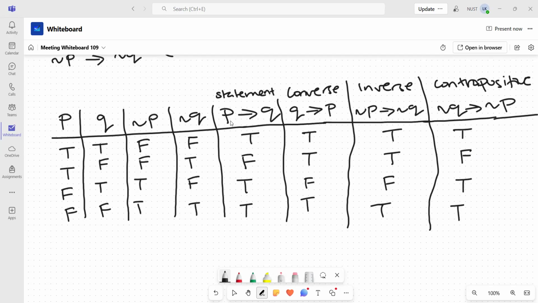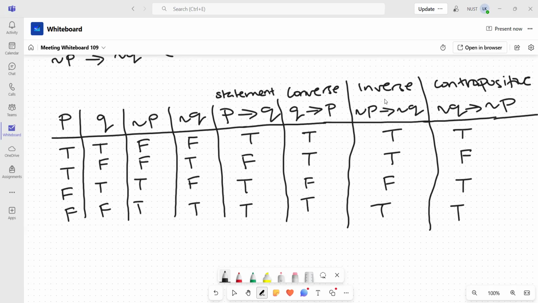Okay, now we want to look at these four statements: the statement itself, the converse, the inverse, and the contrapositive. Are any of them logically equivalent? If we look at this first row, everything is true. This one is false, these two are true. So obviously the statement is not logically equivalent to the converse.